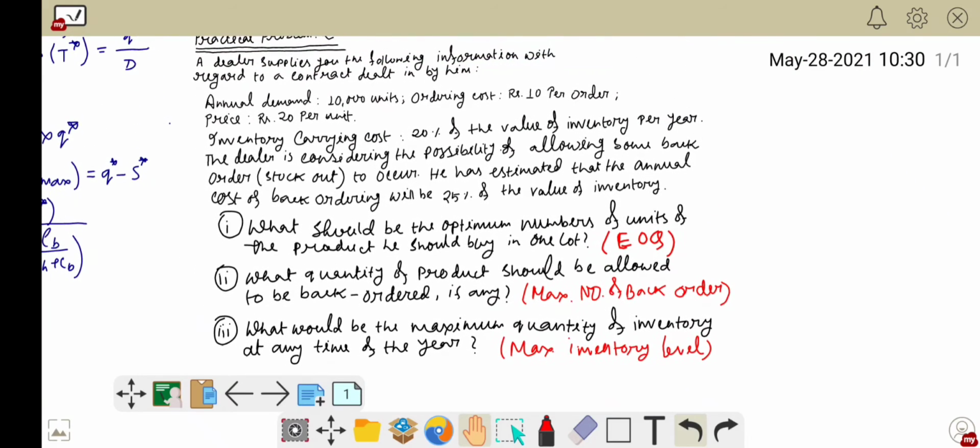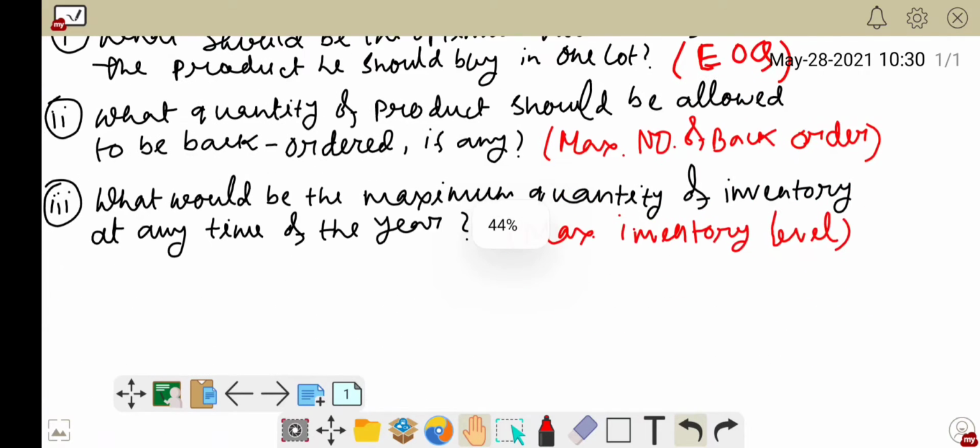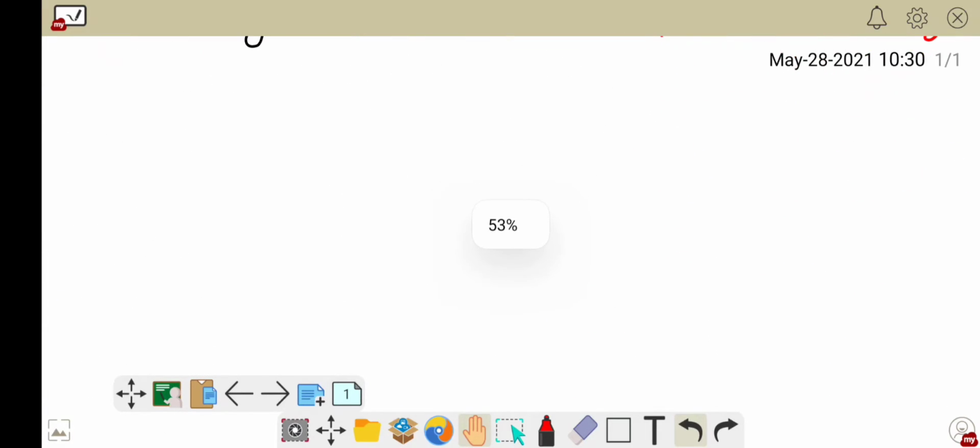All information are given here. So at first we should collect all the information and symbolize them with our notations. So write down like that. Here is the solution.